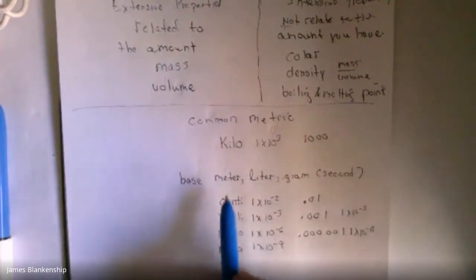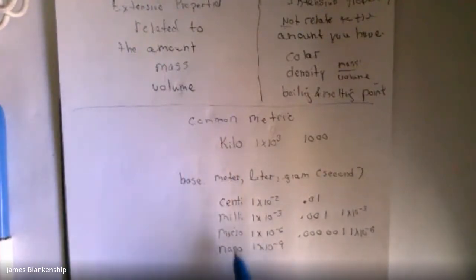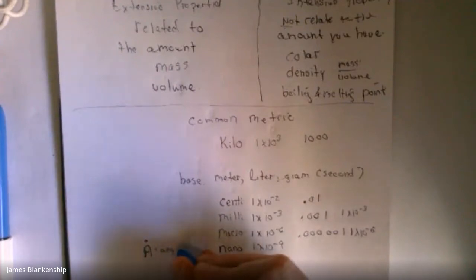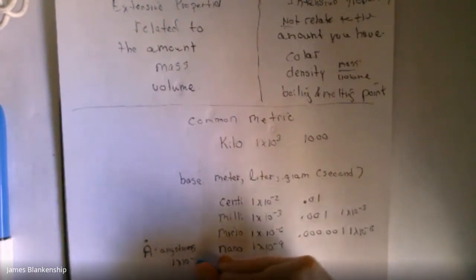If you think of kilometer and mile as related, the Old English standard that is related to nano is written like this. It's an A with a little circle on top, and that stands for angstroms. And that is 1 times 10 to the negative 10.